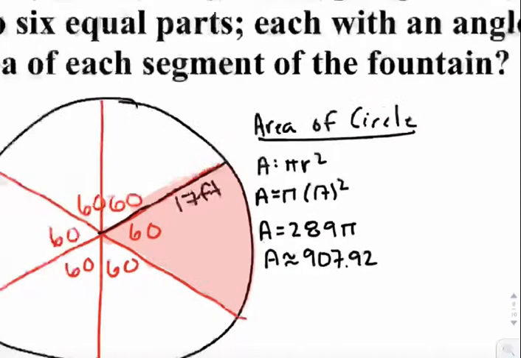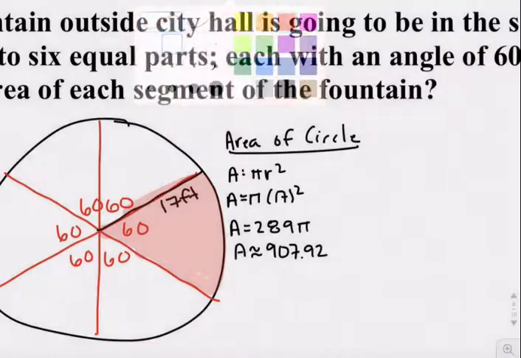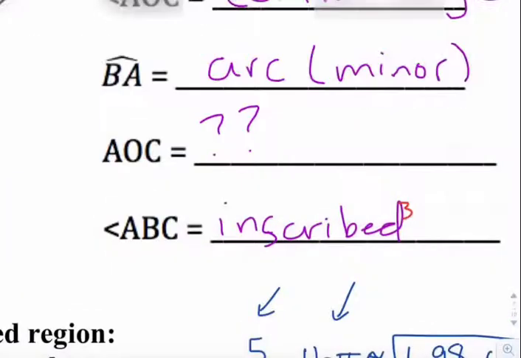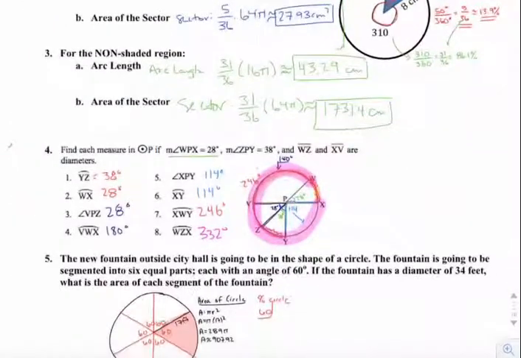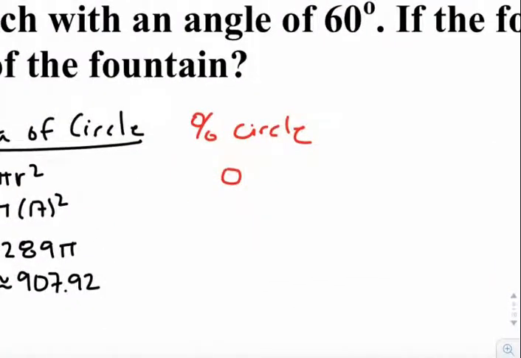Okay, so what we need now is the portion of the circle that we're actually looking for, but we're told that it's 60. So the percentage of the circle is going to be 60 divided by 360, or I can reduce that down to 1/6.